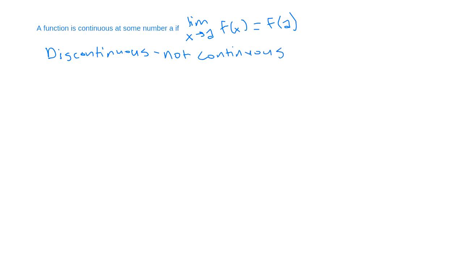So let's take a look and see if we can figure out what happens if we have a discontinuity, or if we are able to spot discontinuities. So let's say we have the function x squared minus 9 over x plus 3. Well, our graph would look something like this.